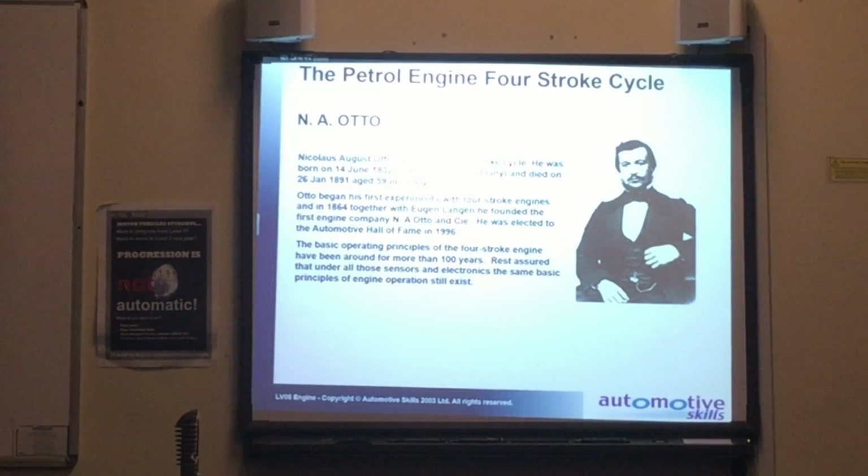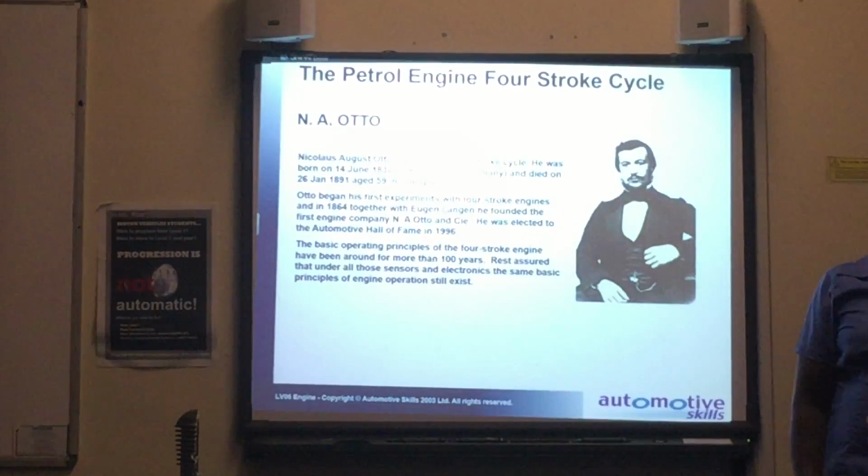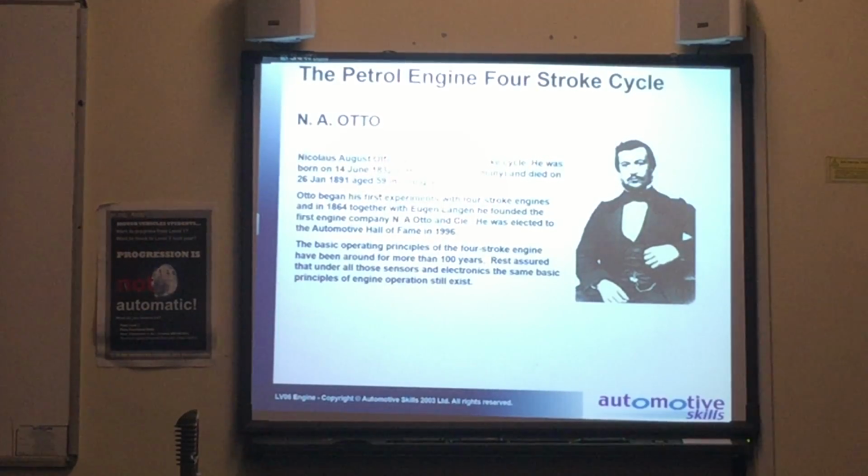So you see the dates there. He started the experiments in 1864. The four-stroke cycle is the one which is still used by petrol engines. So it is over 100 years old.